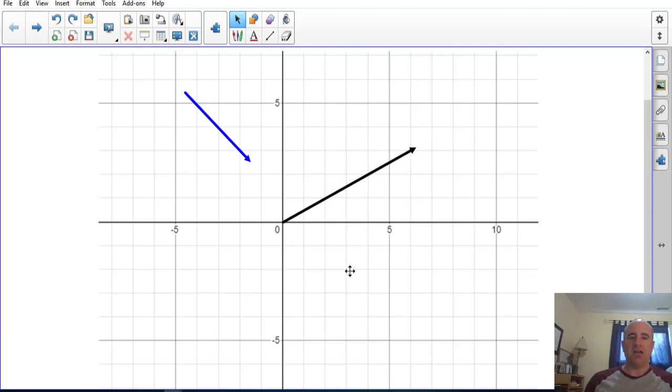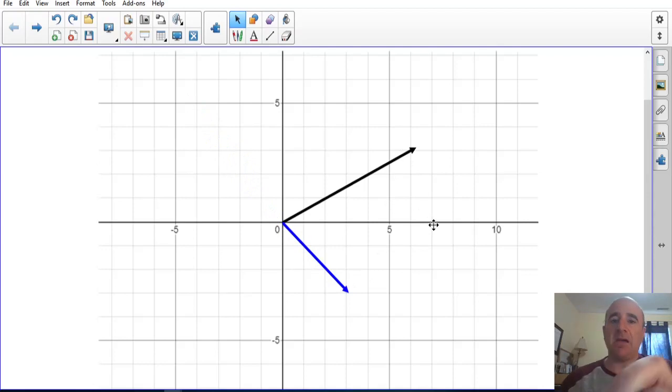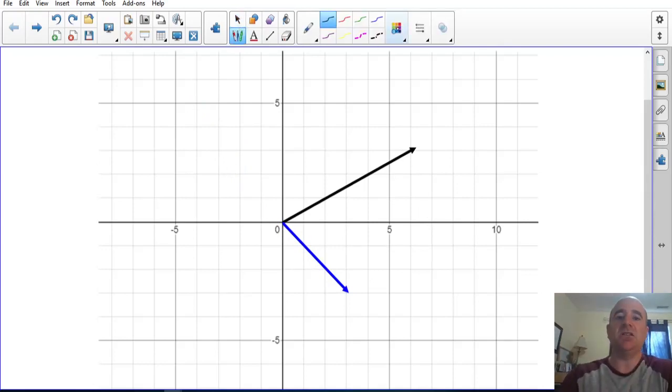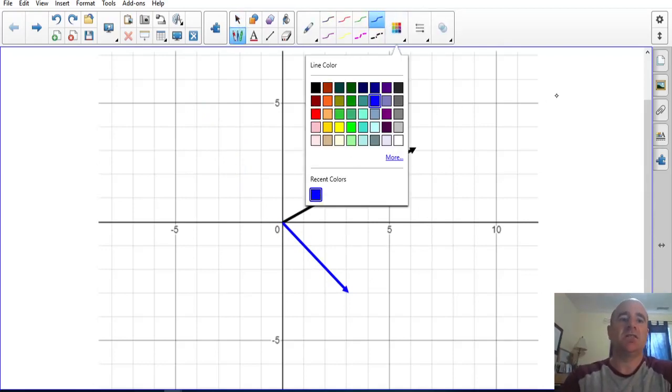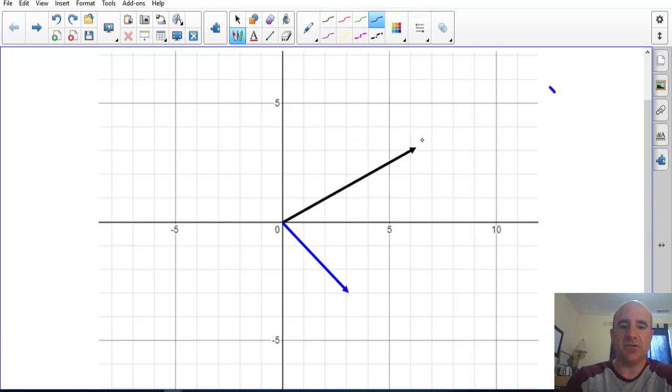I'll do that with this one too. With the tail at the origin, the head of the vector will land on some point. And that point will then uniquely define the vector. For example, this one looks like it could be (6, 3). This one looks like (3, -2), or around there.